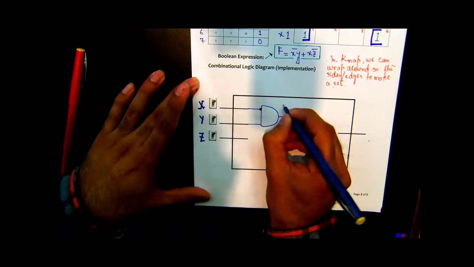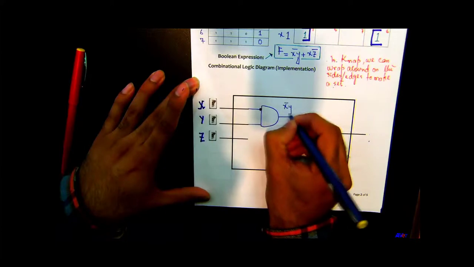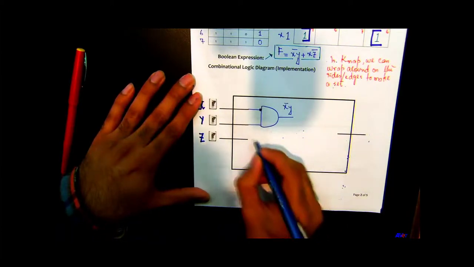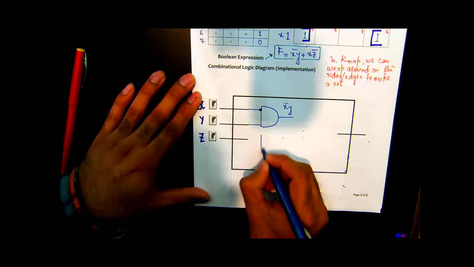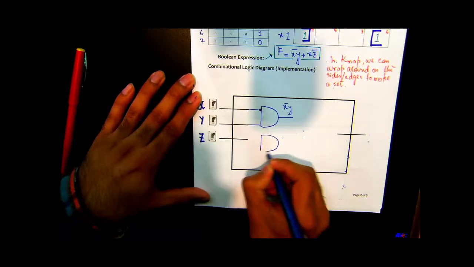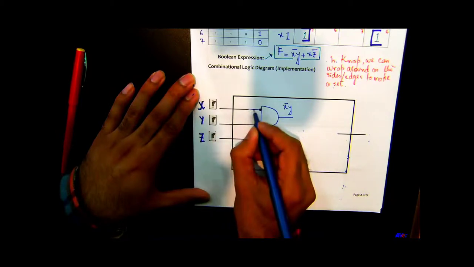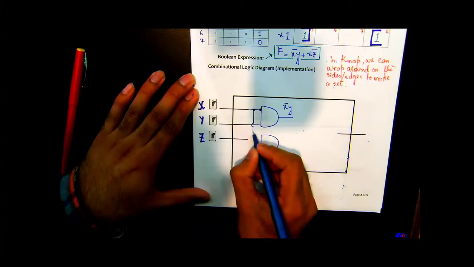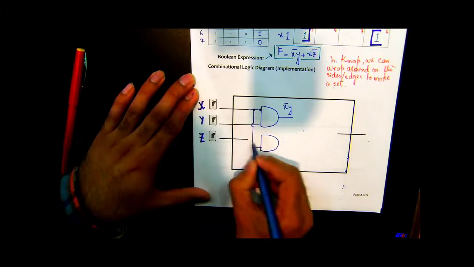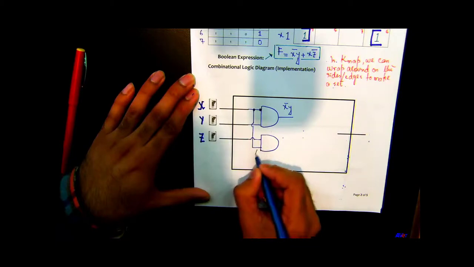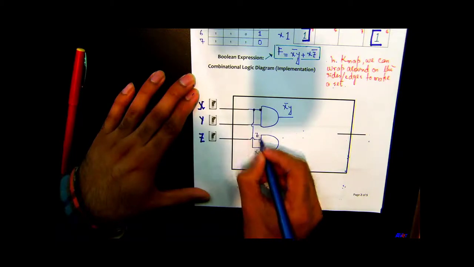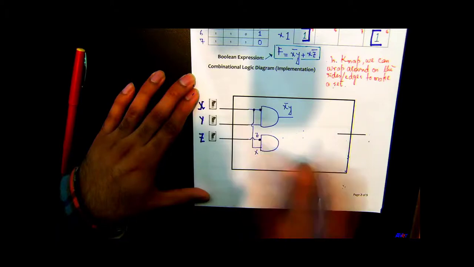So this is X bar Y, and then XZ bar, get another AND gate. So this is X, Z is going to be bar, so I need a bubble here.